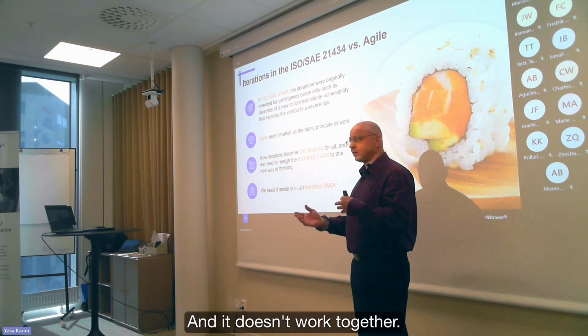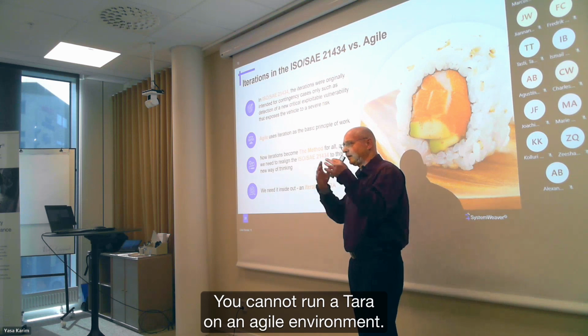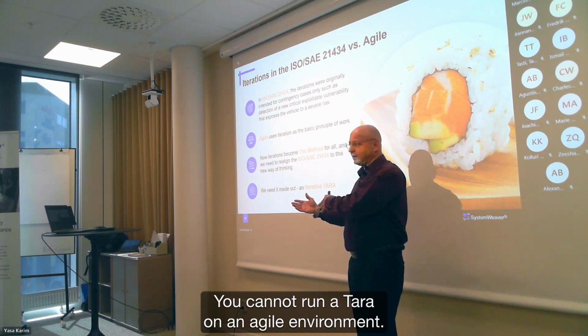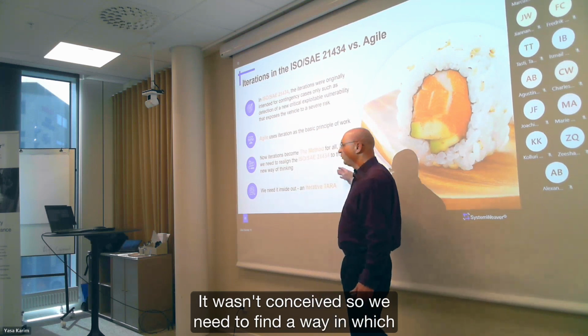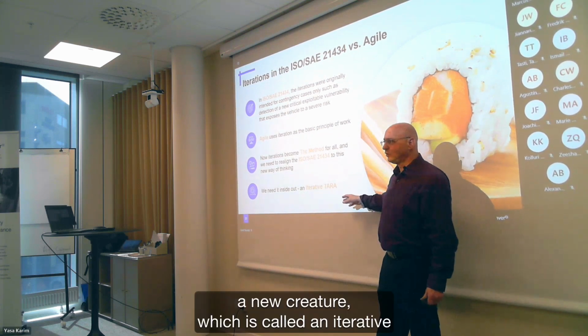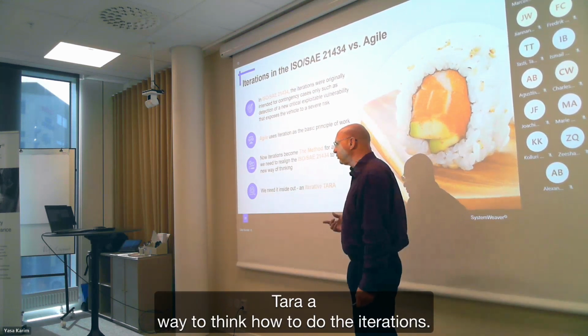And it doesn't work together. You cannot run a TARA in an Agile environment. It wasn't conceived for that. So we need to find a way in which we create something, a new creature, which is called an iterative TARA, a way to think how to do the iterations.